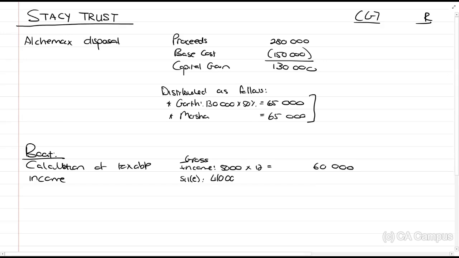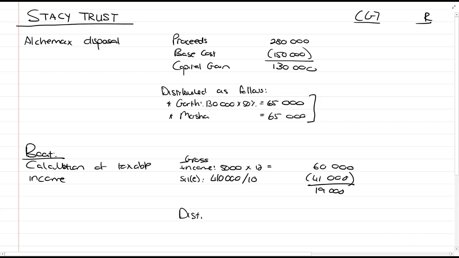So 410,000 divided by 10 gives us 41,000. Okay. So that's 19,000.